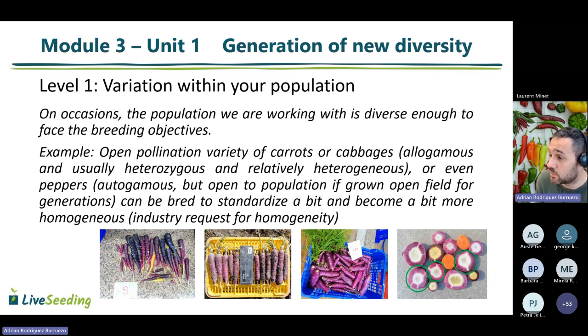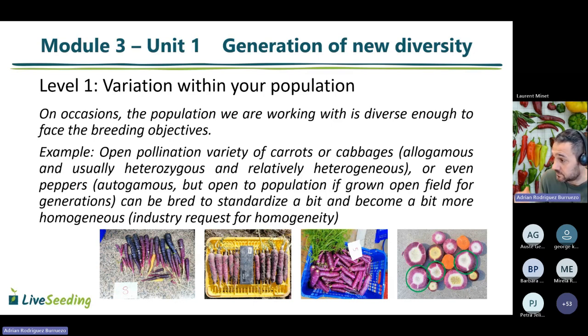Under this situation, starting from this level 1 variation within your population, we can start a breeding program to standardize our variety a bit.